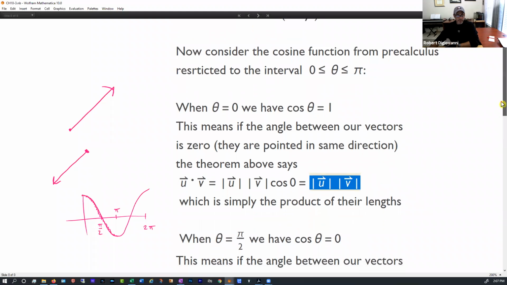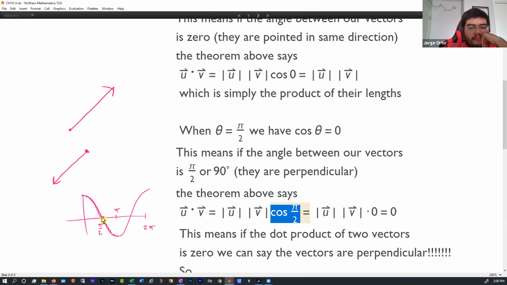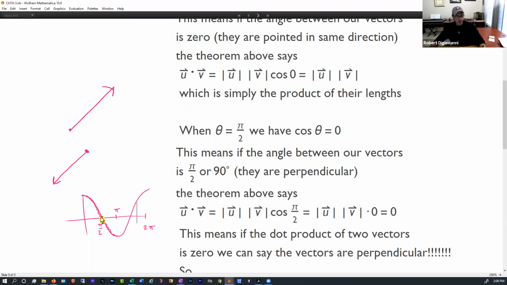Now, what if the angle between them is pi over 2, which means they're hitting each other perpendicular? This is the big one. What is cosine of pi over 2? Cosine of pi over 2 is 0, isn't it? That's right here on our picture.